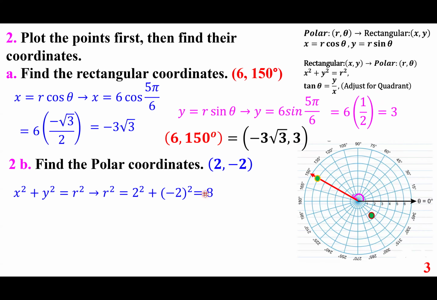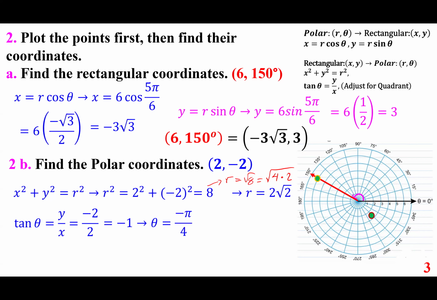R is the square root of 8, and as you know, square root of 8 is 2 square root of 2. Tan of theta is y over x, negative 2 over 2 is negative 1, and theta is negative pi over 4.